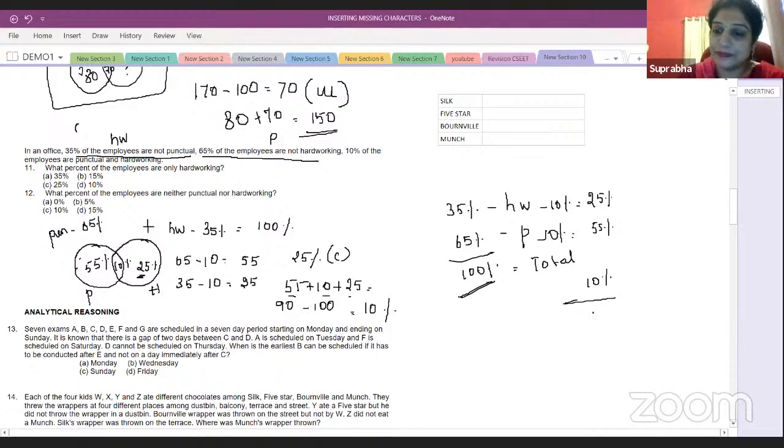Add up. 25 plus 55 plus 10? Yes, 90%. What is the total strength of my employees? 100. So 100 minus 90, which includes all the three categories. When I subtract it, I get 10% of employees who are neither punctual nor hardworking. Yes, is it clear, Shraddha?